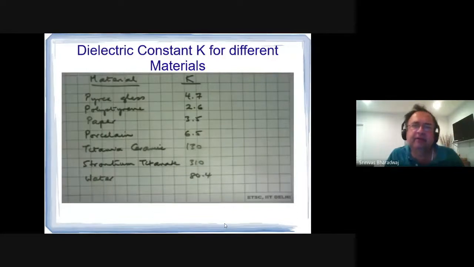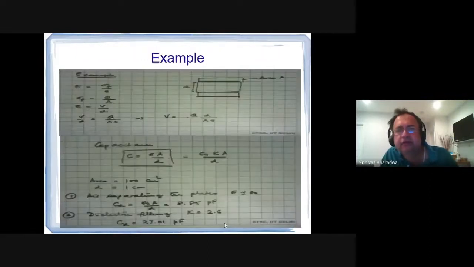Different materials have different dielectric constants. Glass has almost 5, paper has 3.5, porcelain has 6.5, and then you have ceramics which have 130, strontium titanate has 310, and water has 80. So different dielectrics can be used.